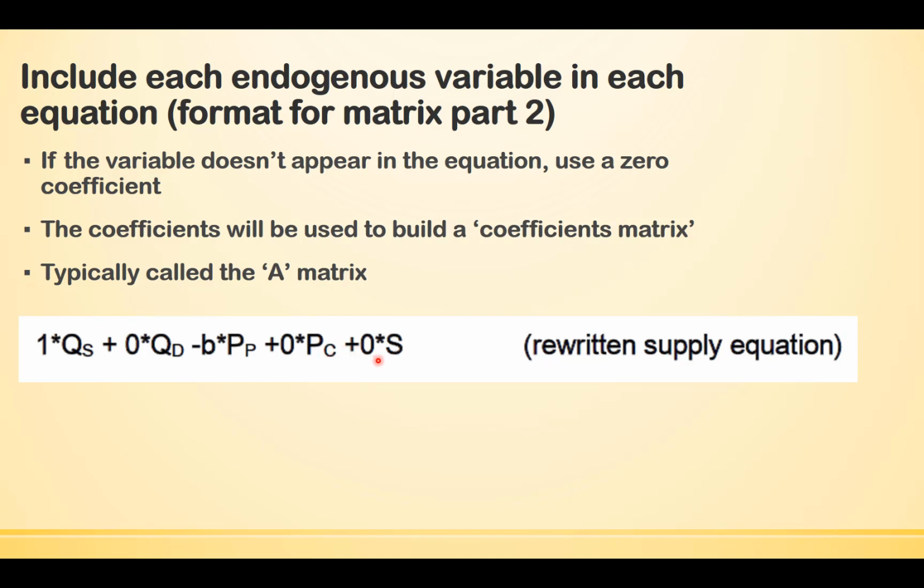These clips or snips come from the handout for this week. When we rewrite this equation this way with zeros in front of all the variables that are not included, we are building out what we call the coefficients matrix, or what's going to be called the A matrix in matrix algebra terms.